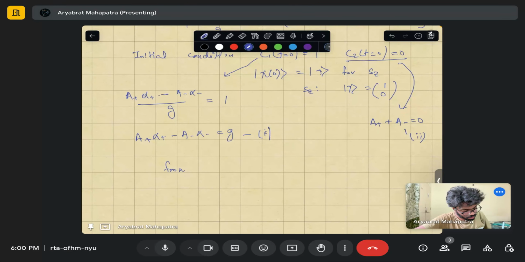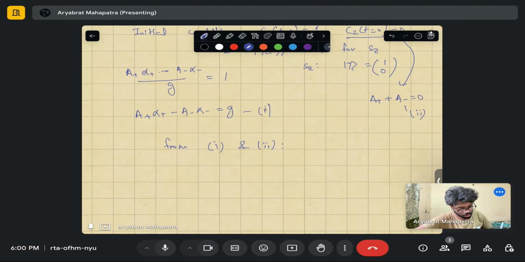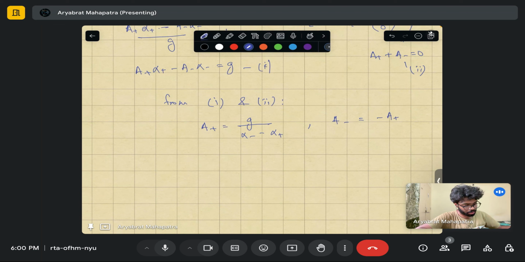From 1 and 2, you get A plus equals z over alpha minus minus alpha plus, and A minus is minus of A plus. So that is what you get. You got A plus and A minus.